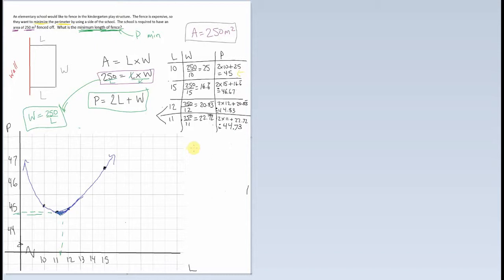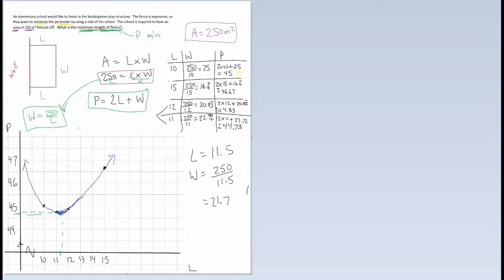So if the length is equal to 11.5, the width is 250 divided by 11.5, which is equal to about 21.7.